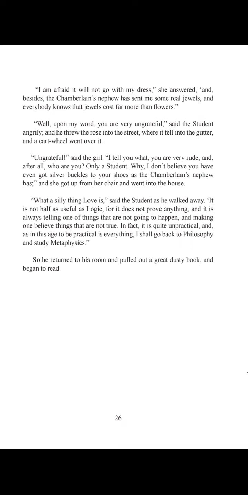She is expressing her displeasure over the flower, telling him it doesn't match her dress. And not only that, she's accusing him of being just a student. She's comparing his simplicity and the Chamberlain's nephew's luxury. How wealthy the Chamberlain's nephew is and how poor you are. Now the girl went away.